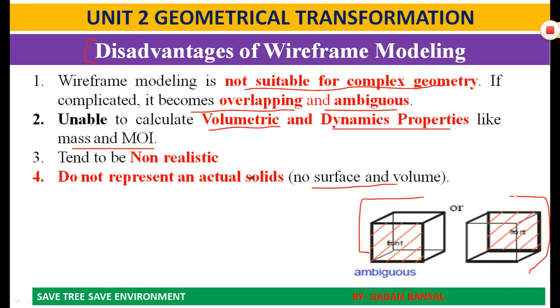So these are some of the disadvantages. Another is complex model difficult to interpret, as we have seen in the previous slides. If the model is very complex, it is very difficult to interpret its surfaces, and therefore very difficult to calculate its dynamic and other realistic properties.